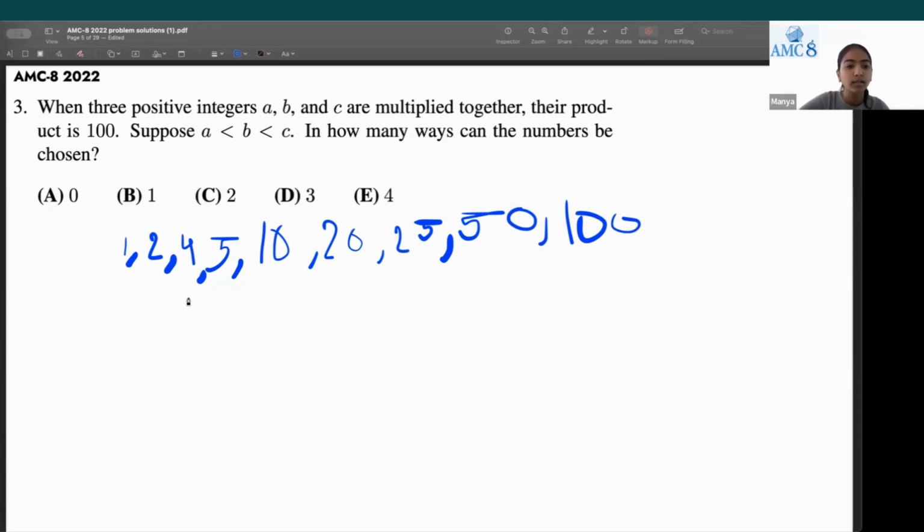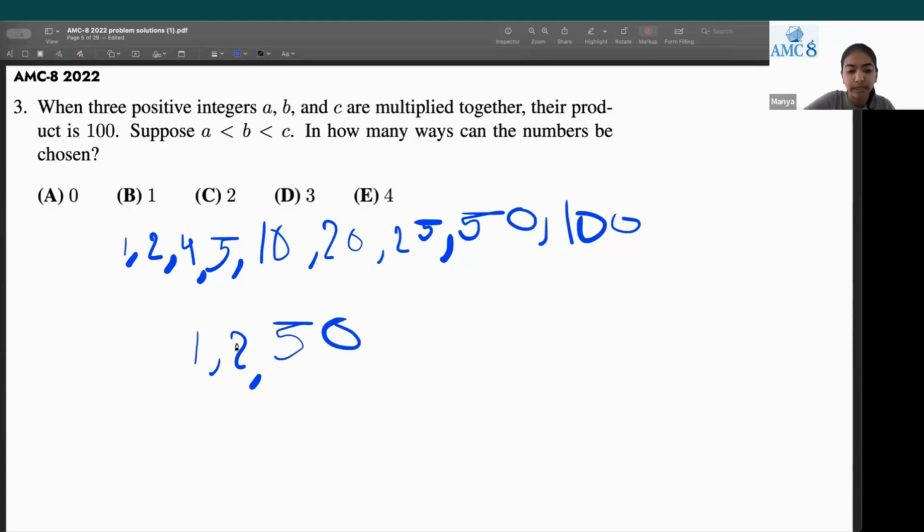So now suppose that A is less than B and B is less than C. What's A, B, C? Well, that's what we need to find. Suppose that we have 1 as A. So 1, 2, 50. Can this work?